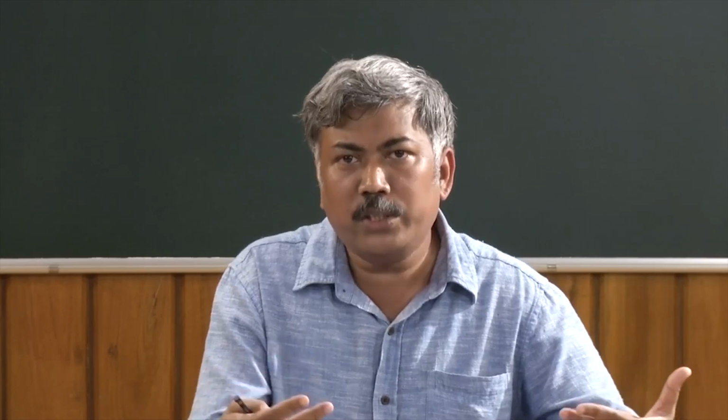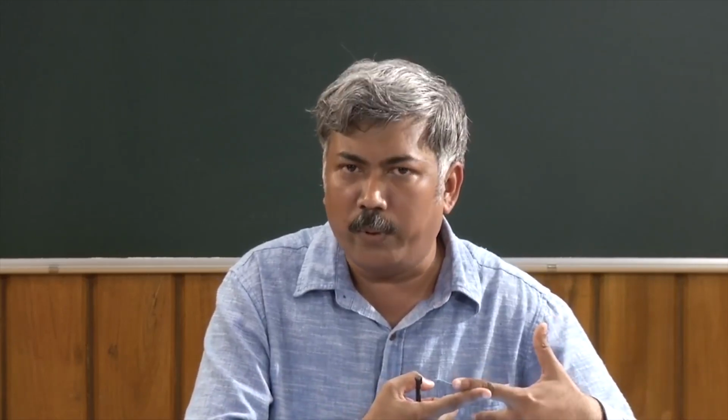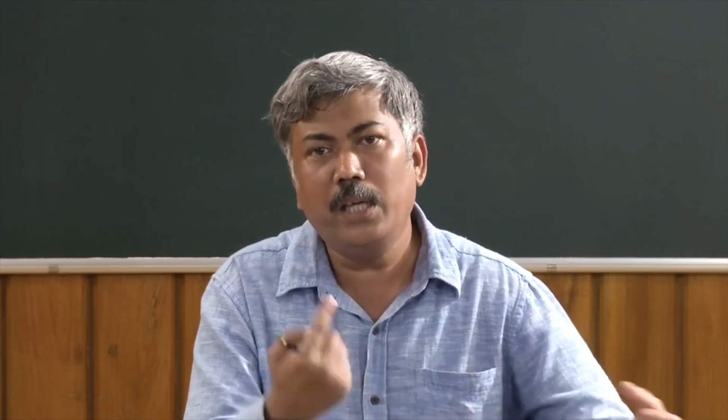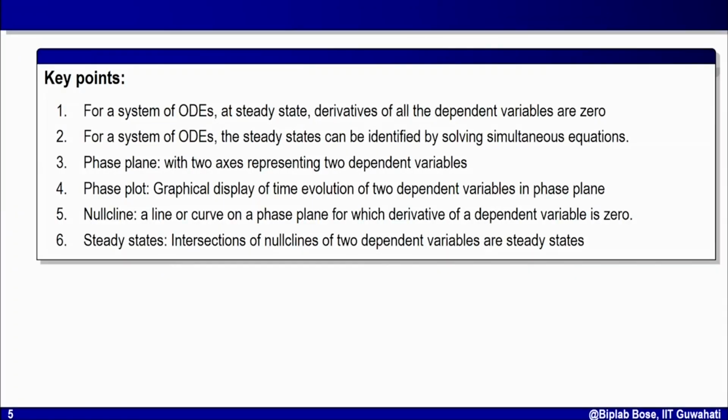If these 2 null lines intersect at only one point, this system has only one steady state. If the null lines intersect at 2 points, as in this example, the system has 2 steady states. Once we have identified the steady states, we can ask about the stability of the steady state, and also how the x and y values will evolve with time around the steady state. We will discuss those in another module.